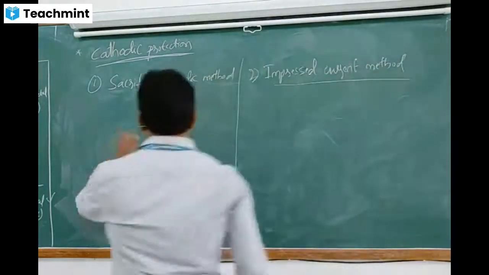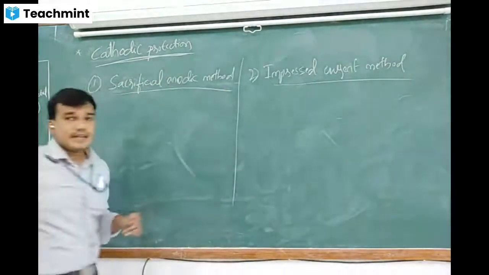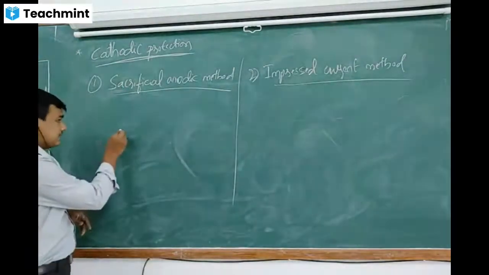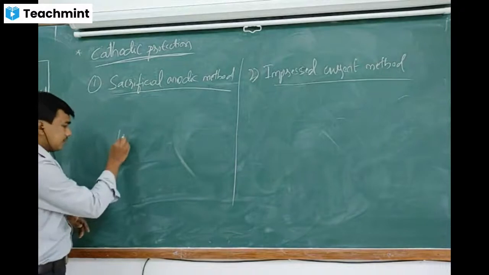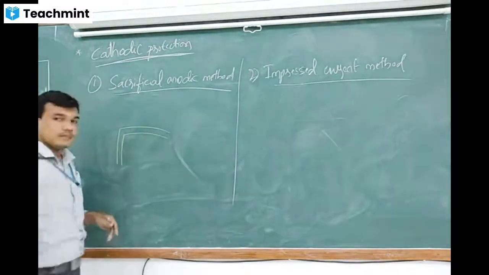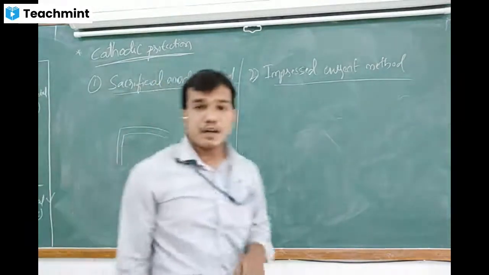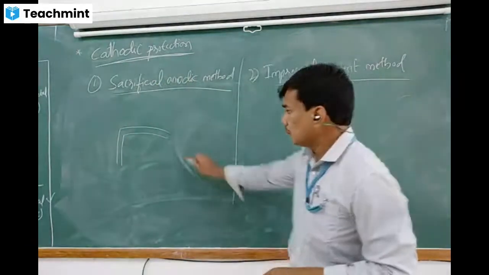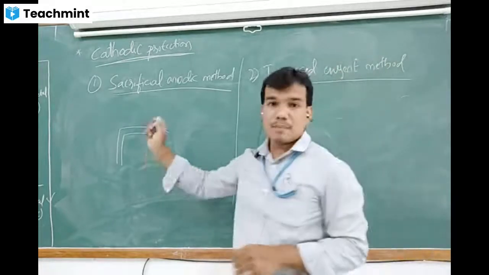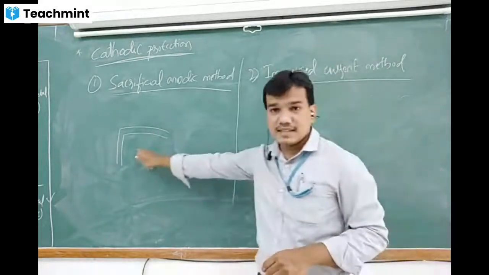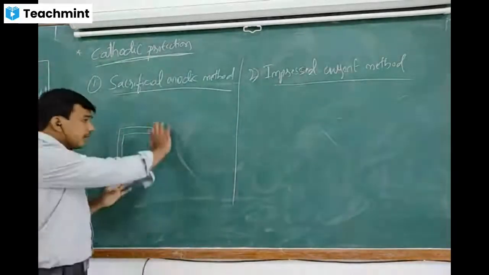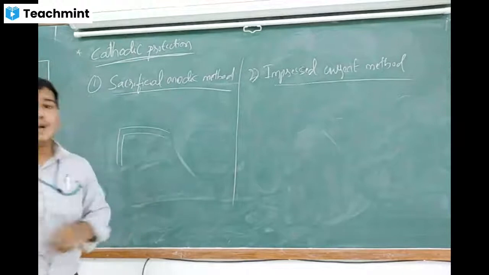First we will discuss the sacrificial anodic method. I will consider this as an iron pipe. These iron pipes are used for supplying water and gas. We need these iron pipes. I want to protect this iron pipe from corrosion.